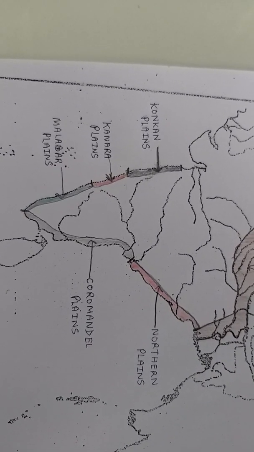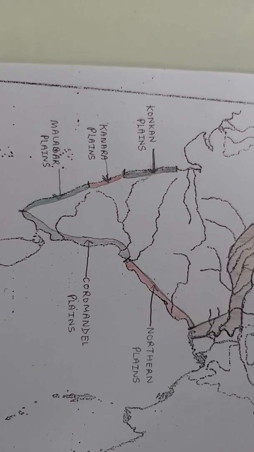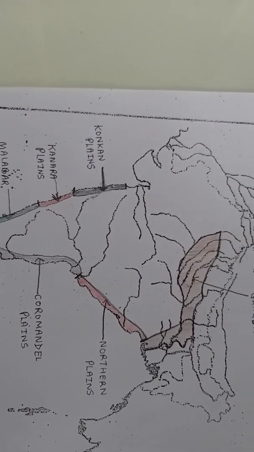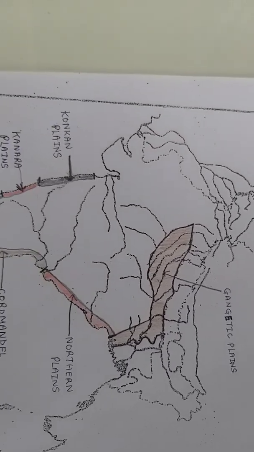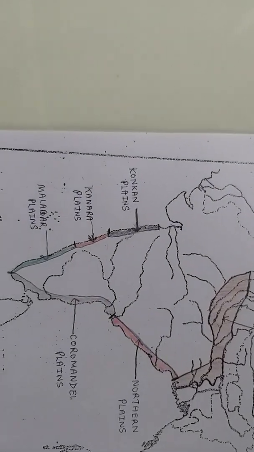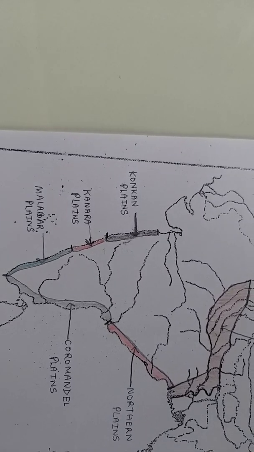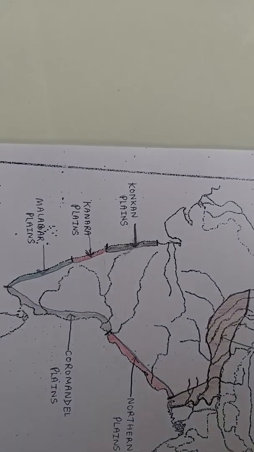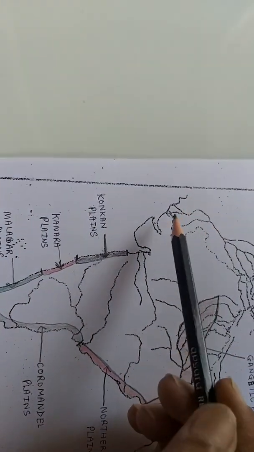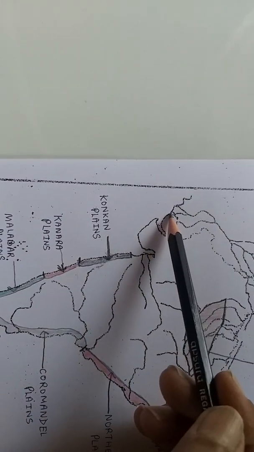Children, one more thing I would like to explain here. Also, we had covered Gangetic Plains in the north, right? We can't forget that. If they ask you to mark the western coastal plains and the eastern coastal plains, the method of marking remains the same, but for western coastal plain, we have to start from the Rann of Kutch.